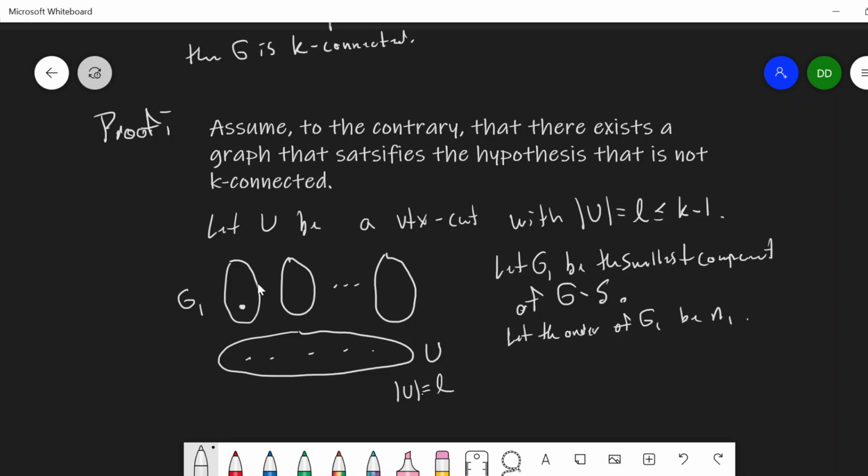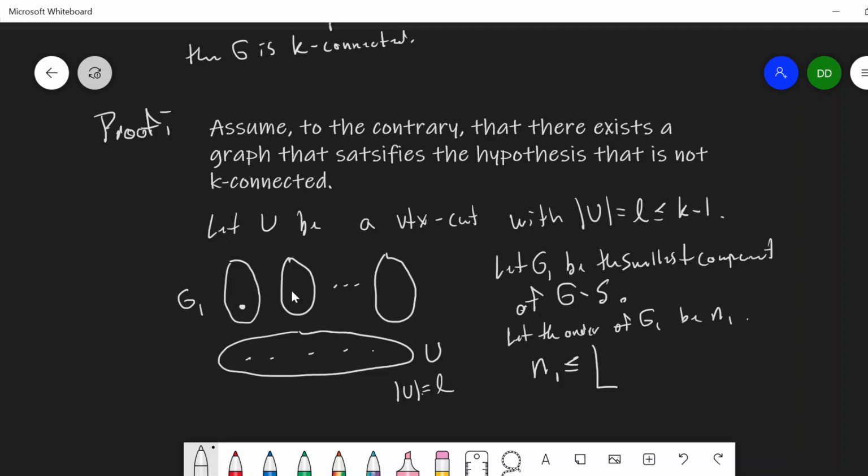Since it's the smallest component, the worst case scenario is that U only separates the graph into 2 components, but the smallest one will have at most the floor of half of the remaining vertices.